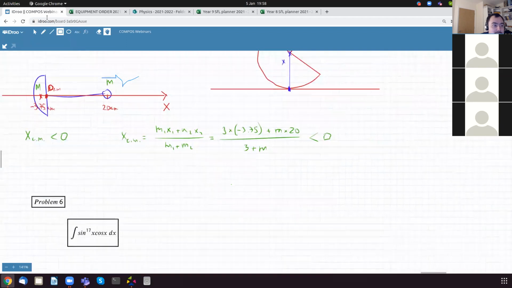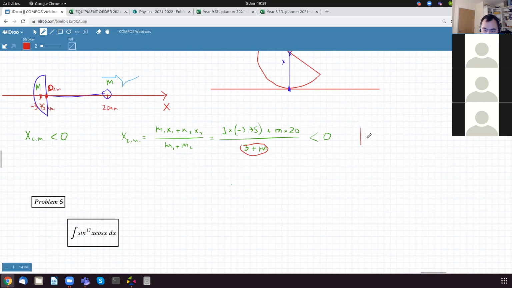You have a fraction which is less than 0, but the denominator is positive. It's a mass. So the fraction is only negative when the top is negative. So I can multiply both sides by 3 plus m because it's positive. So it's going to be minus 3 times 3.75 plus 20m has to be less than 0.